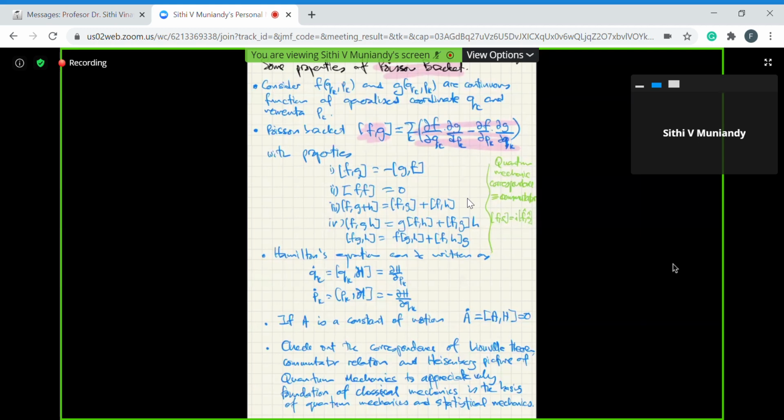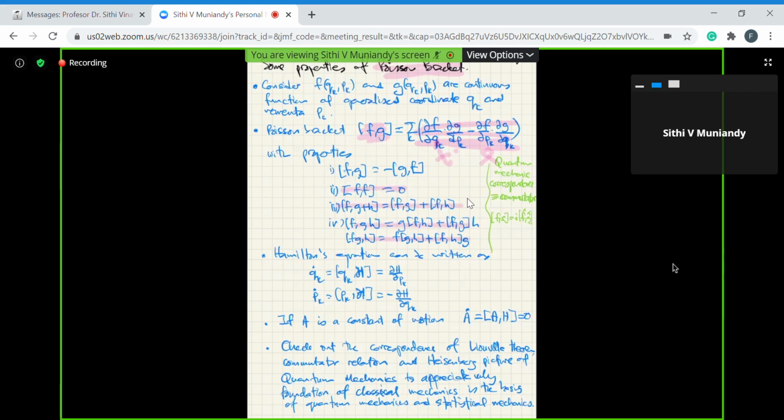First you define on Q and then you define on P. When you have Q, the other one goes by P. When you have P, it goes by Q. So it has this kind of cross structure, and it follows the typical laws of the algebra of a commutator.